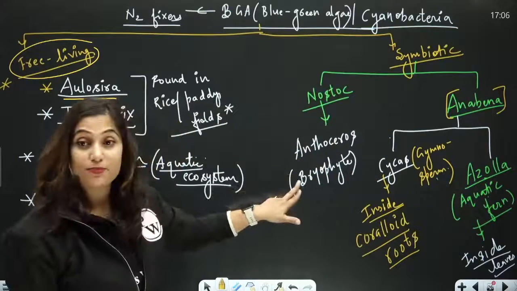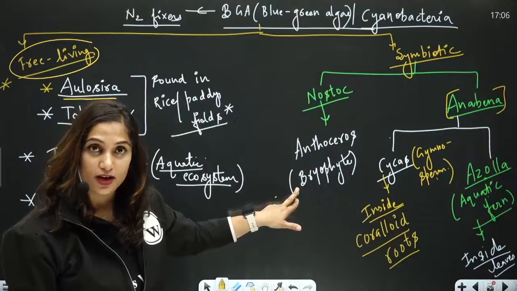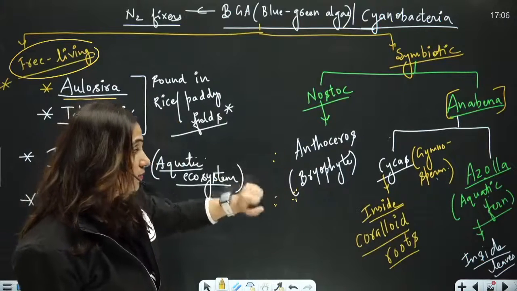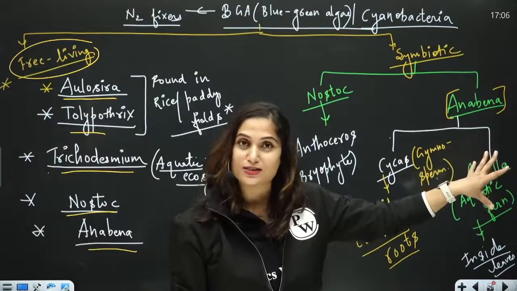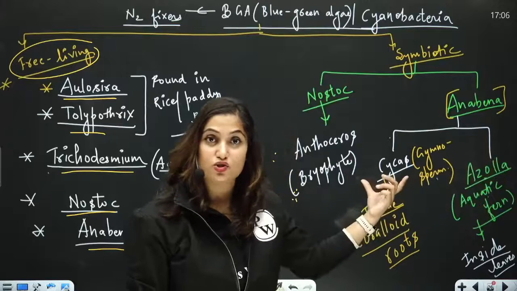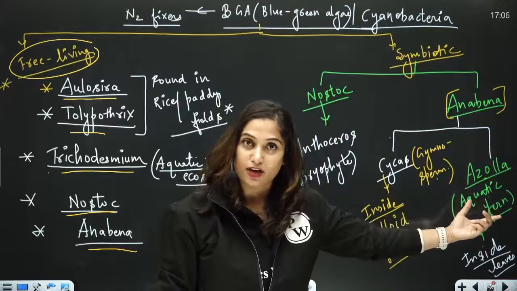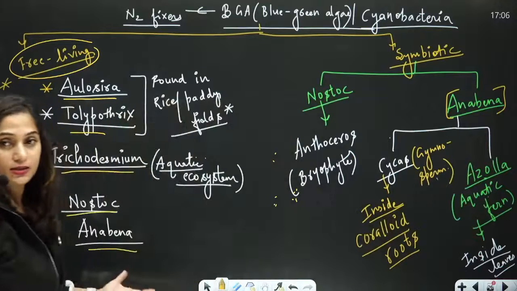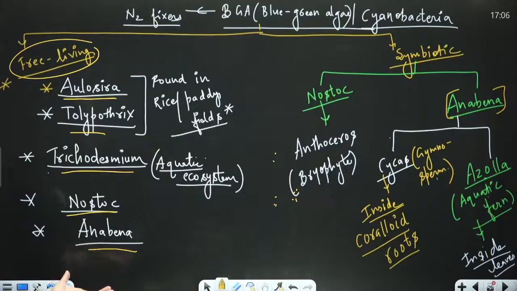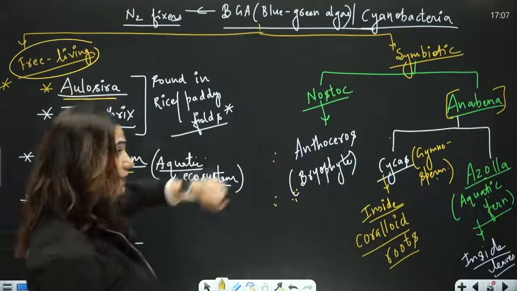Nostoc is found in symbiotic association with a bryophyte, that is Anthoceros, and Anabaena is found in symbiotic association with Cycas, a gymnosperm, and Azolla, an aquatic pteridophyte. Right? So these are the important blue-green algae which are nitrogen fixers. These are free living and these are symbiotic.